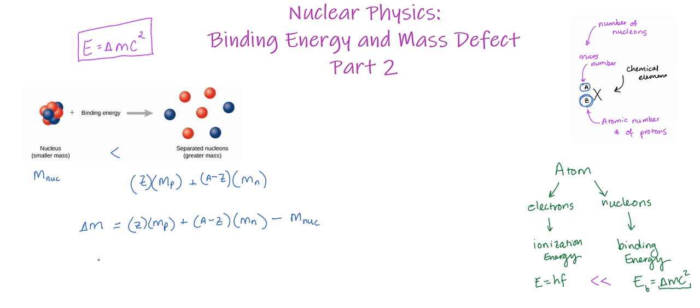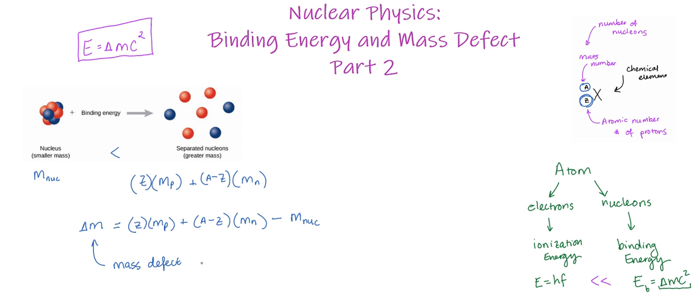This difference, which is known as the mass defect, which you can think of as the deficit of mass, is going to relate to the amount of energy released in this process when you force nucleons together or when they naturally come together. This would be the form of an exothermic reaction.